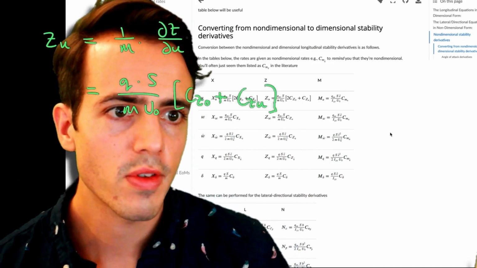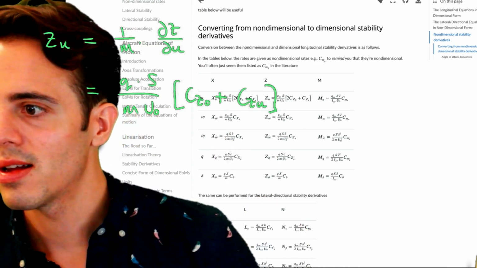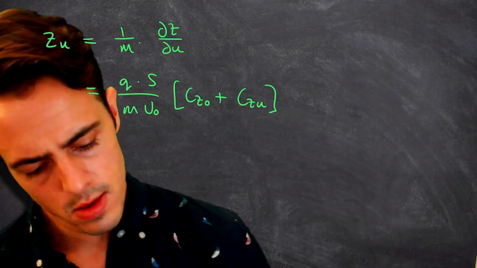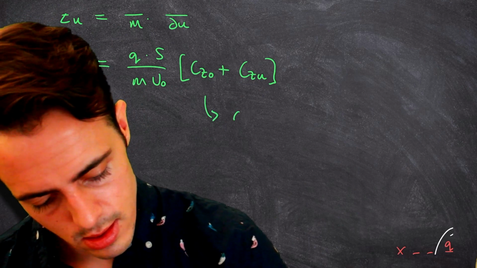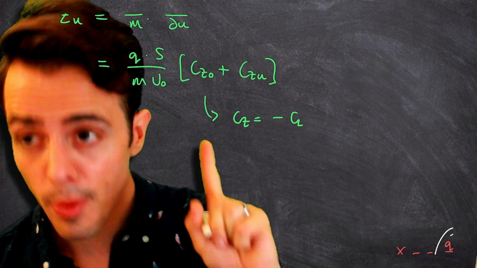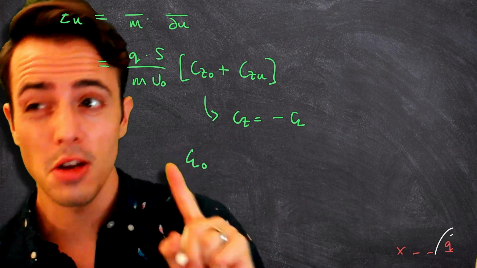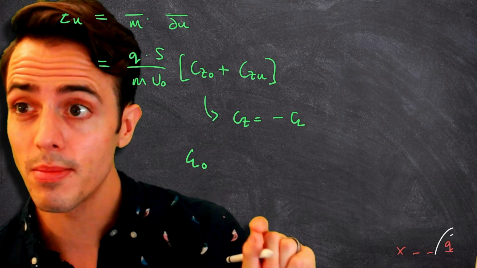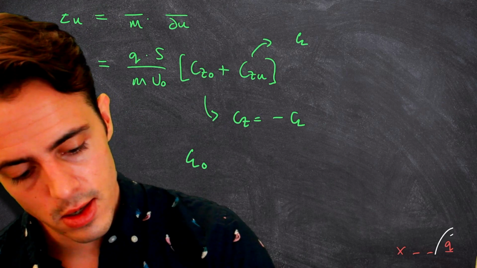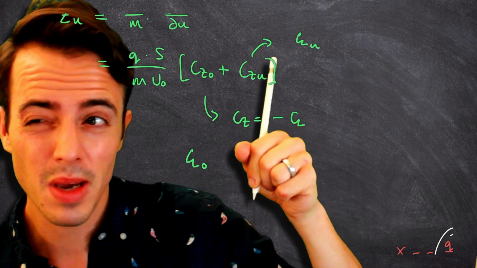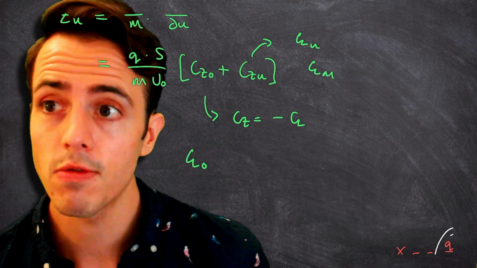Again, we can remember all of the same things. Let me get my blackboard up here. Let's remember that CZ is equal to minus CL. So in the stability derivatives, we want to see if there's a CL0 term, which is just our trim lift coefficient. Then we want to see if there's a CL with respect to forward speed, rate of change of lift with forward speed, which you probably won't see, or a CLM, a rate of change of lift coefficient with Mach number.